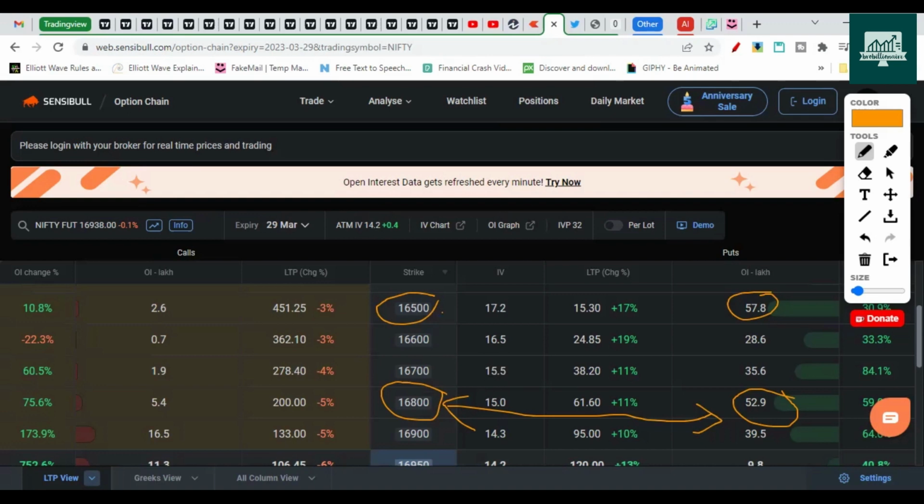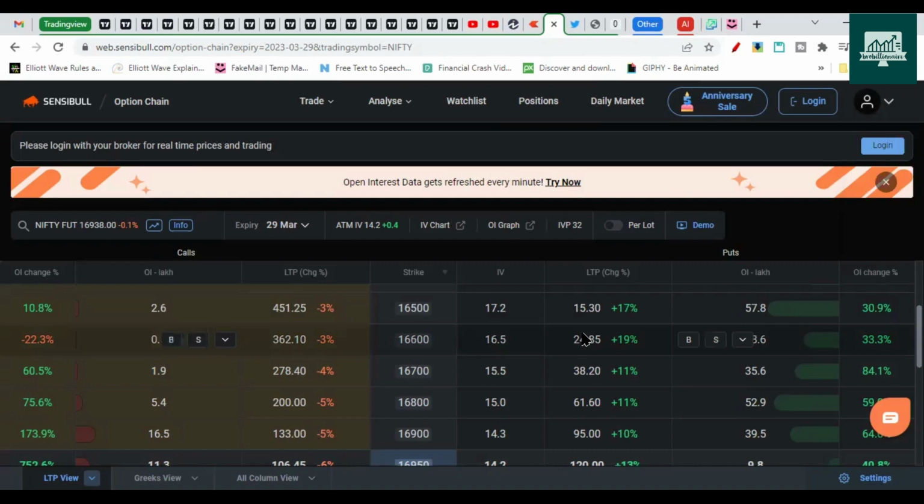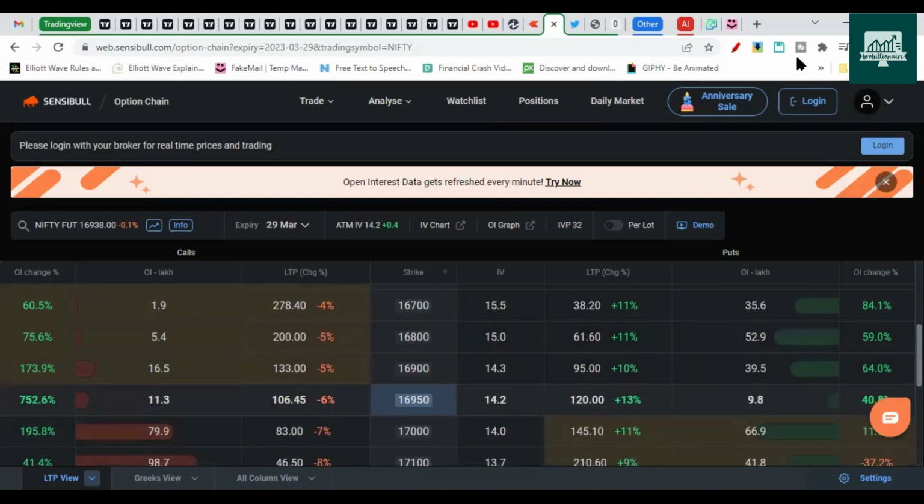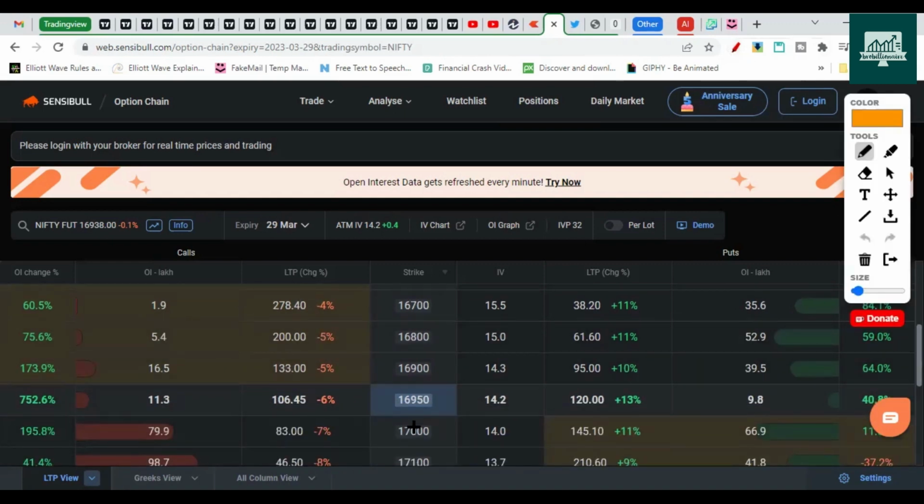Just remember, a breach of one support will take it to the next support. Once 16,800 is broken decisively, it can fall 300 points down. That possibility will be open, but let's see if that happens in this expiry or not. And the resistances will shift lower once we see a bigger drop below 16,800.